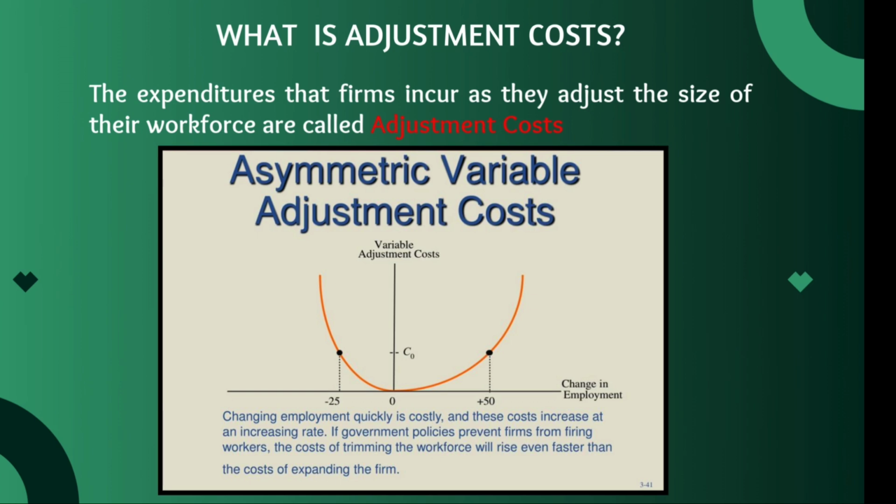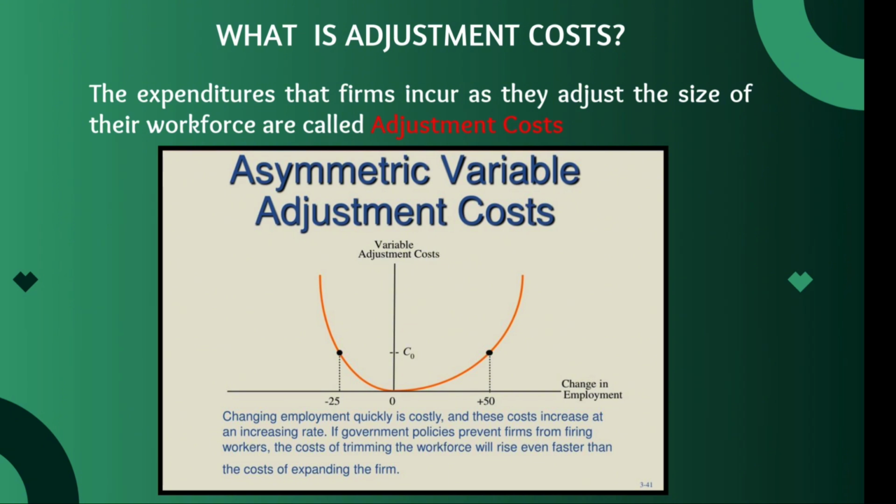The variable adjustment cost curve illustrated in this figure also incorporates the important assumption that the adjustment cost rises at an increasing rate, regardless of whether the firm is contracting or expanding. In other words, the marginal cost of adjustment is higher for the 50th worker hired than the 25th worker hired.